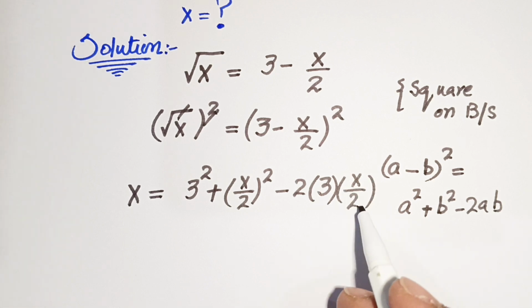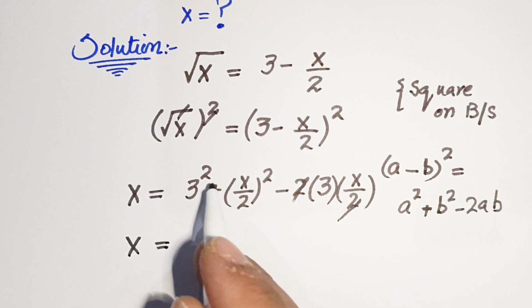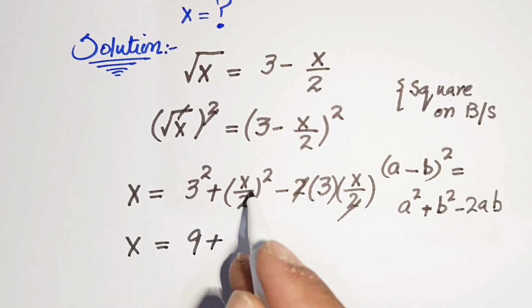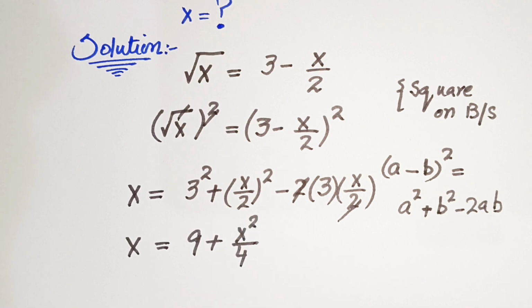Now if we cancel 2 with 2, we have 3 times x. So x is equal to 3 squared, which is 9, plus x squared divided by 2 times 2, which is 4, and minus 3 times x.